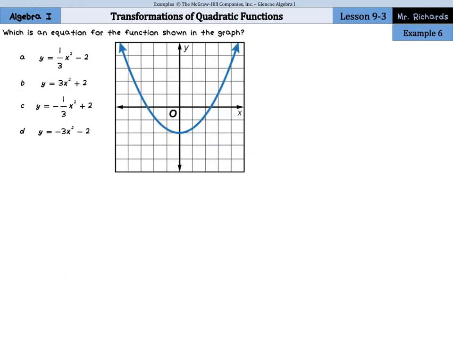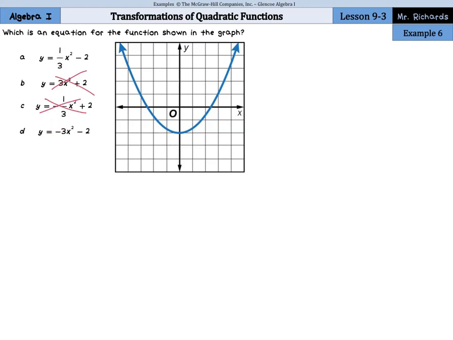And so we can tie this all together in this test question, which is an equation for the function shown in the graph. Well, we have moved down 2 units. So we should expect a negative 2 here, which eliminates C and B. Then we have to compare our 1/3 with our negative 3.